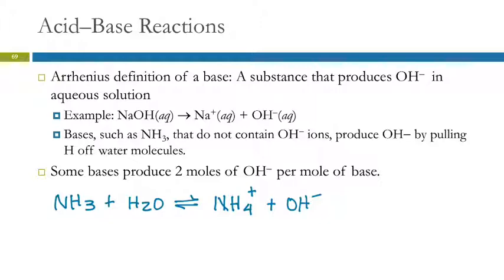There are some bases that can produce 2 moles of hydroxide per mole of base, and those will be things like barium hydroxide, because there are 2 moles of hydroxide. These do not dissociate sequentially like the diprotic or polyprotic acids, because they're soluble and they just come apart all at once.